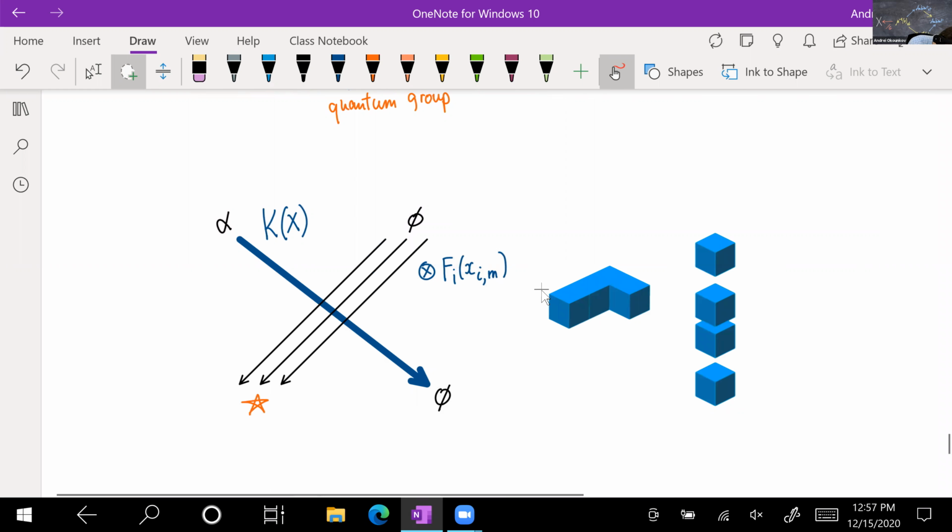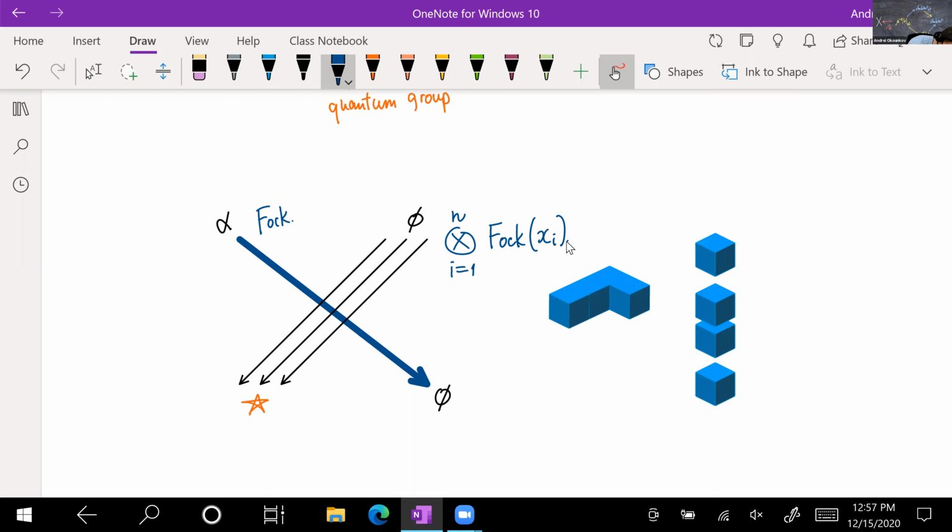So this is my Fock space here. And here I take the tensor product, from i goes from 1 to n, of Fock spaces evaluated at xi.